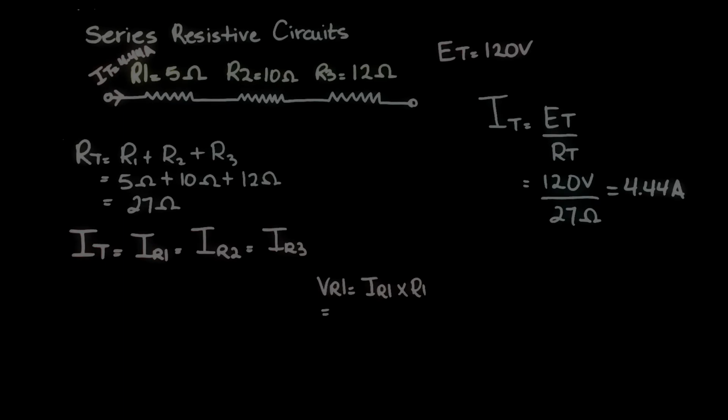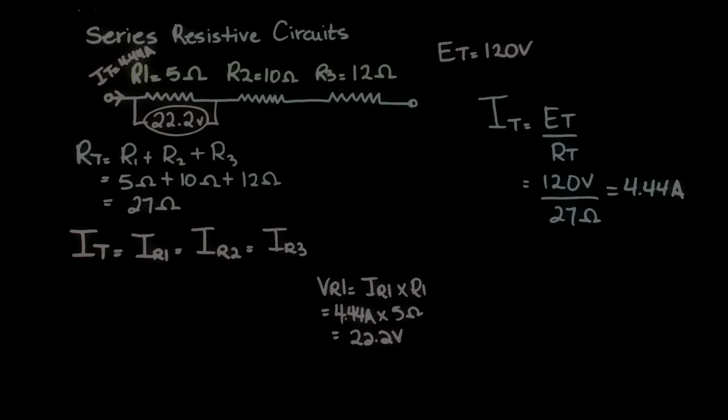So the current through the first resistor, we calculate it to be 4.44 amps times 5 ohms of resistance, and that gives us a voltage of 22.2 volts. So if we put our voltmeter across this first resistor, we would read 22.2 volts. Across, meaning in parallel with that specific load.